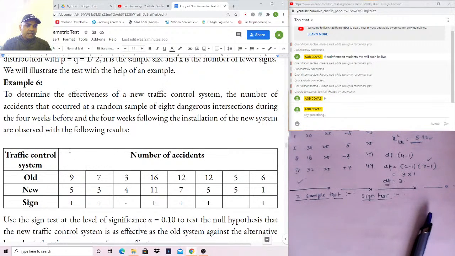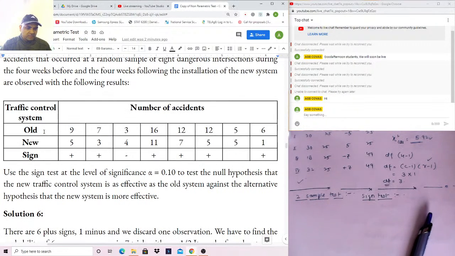So we had an old traffic control system, and these were the number of accidents at the intersections. Then we installed a new system, and these were the number of accidents observed at those intersections.